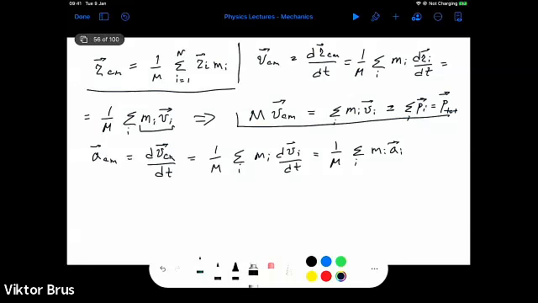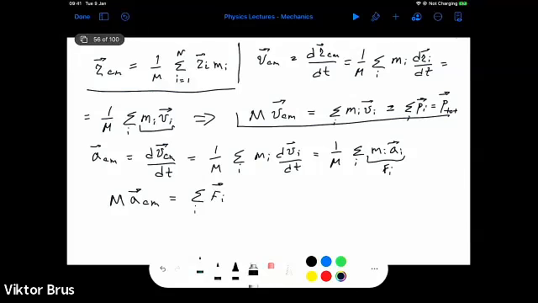Okay, so now we can write that the product of total mass and the acceleration of the center of mass is equal to the sum of all forces applied to the bodies. So this is sum Fi. We can write that it's equal to the sum of all forces.